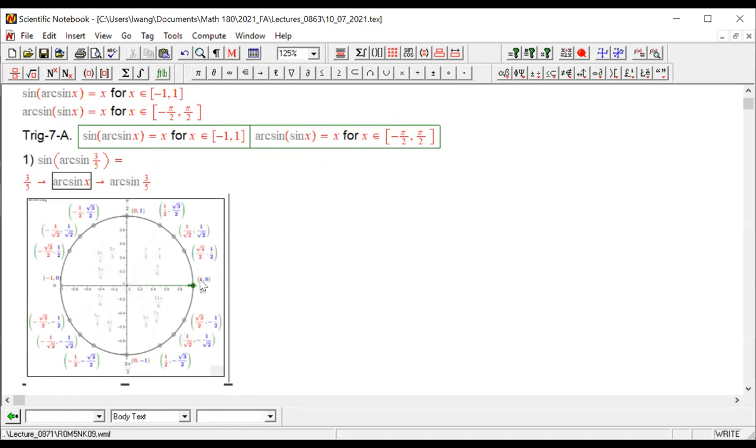All right. The ratios, the sine ratios, are the blue numbers. Because we're dealing with ArcSine, what do we know about ArcSine? The output is between negative pi over 2 and pi over 2.